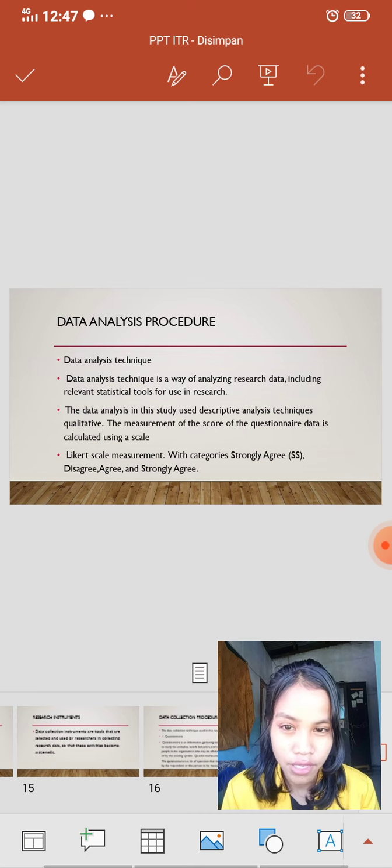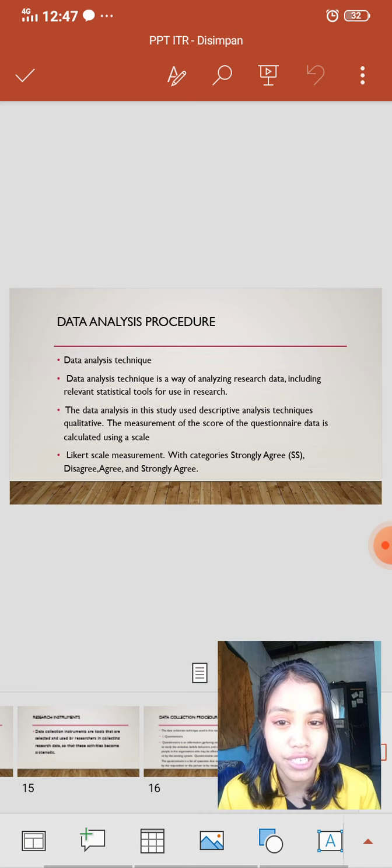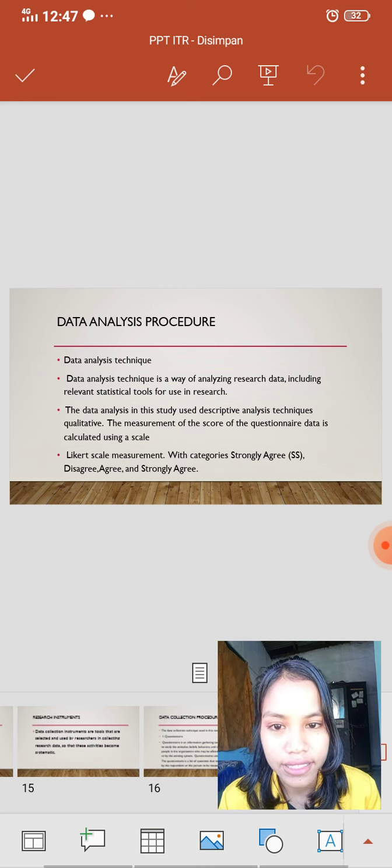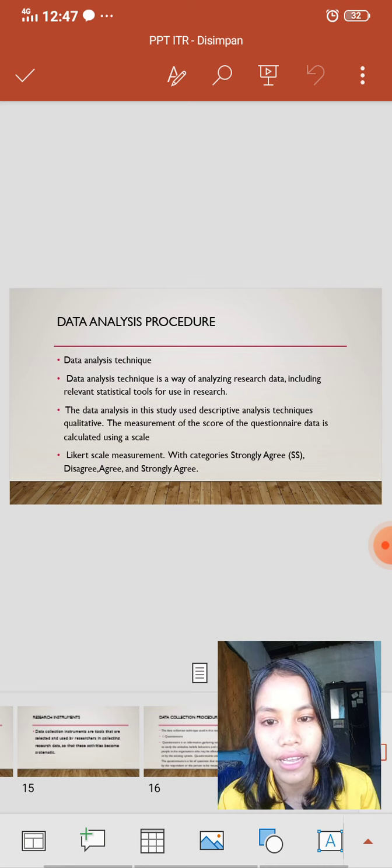And then, data analysis procedure. Data analysis technique is a way of analyzing research data, including relevant statistical tools for us in research.